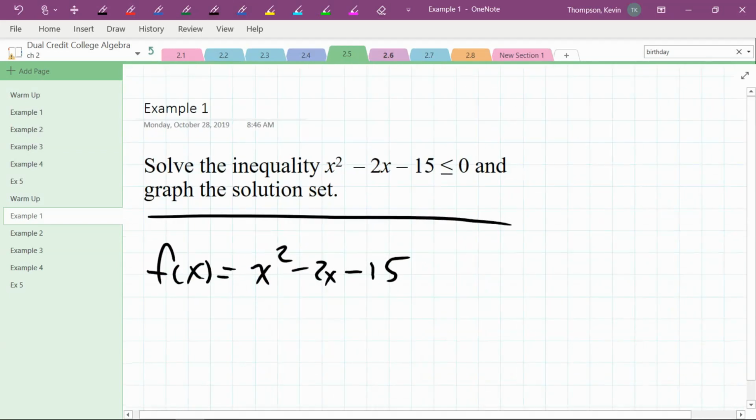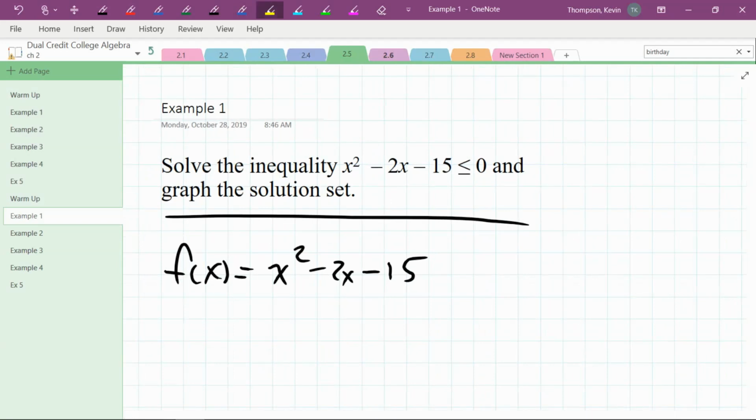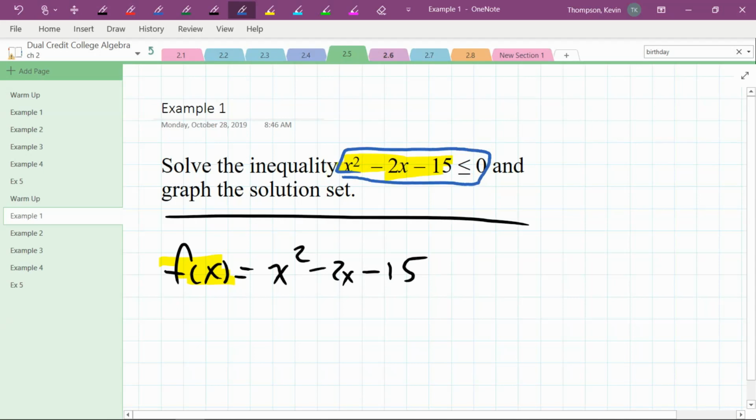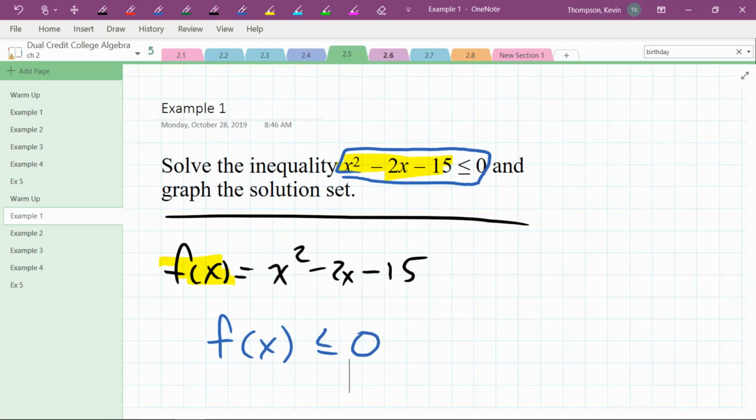And if you notice that f of x is really all of that stuff in that inequality there. So when it's actually saying solve less than or equal to 0, I could rewrite it then and say I'm looking for f of x less than or equal to 0.